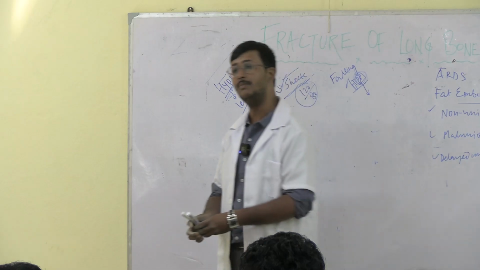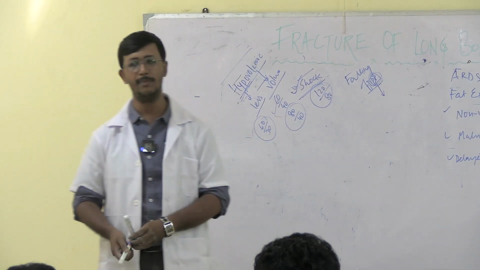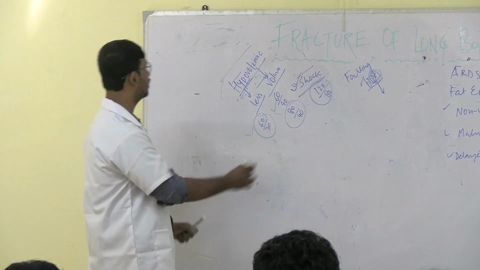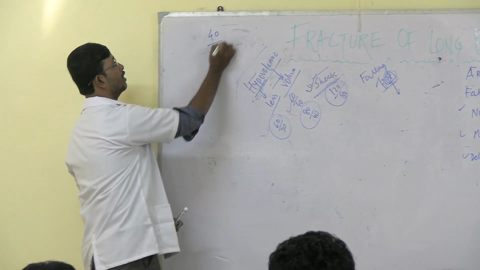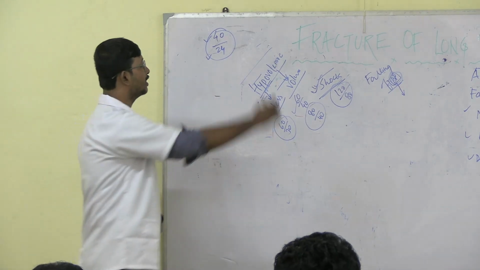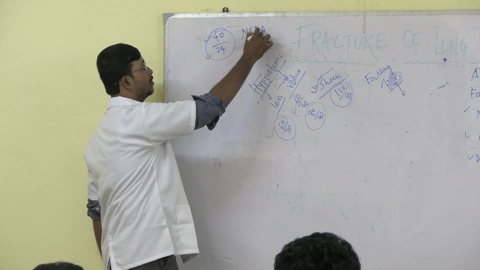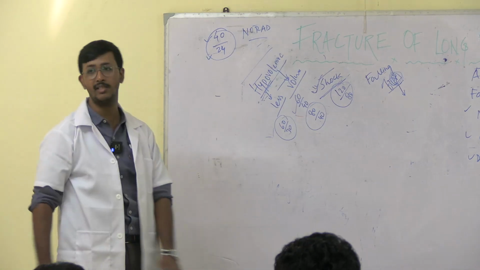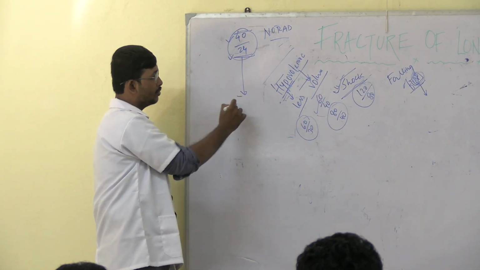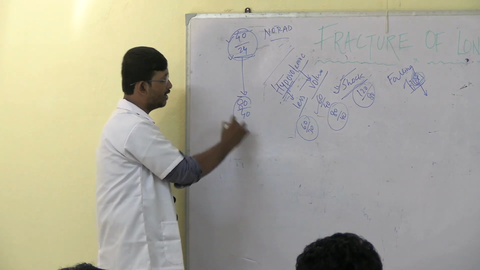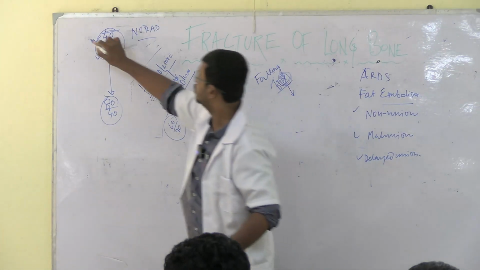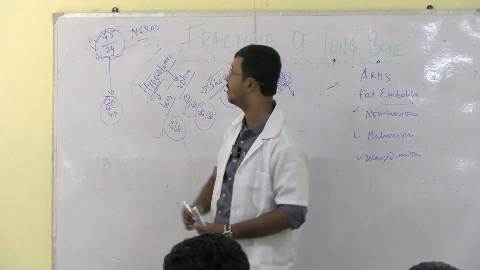And due to internal bleeding, BP has fallen and the person went into shock. Suppose the BP dropped to 40 by 24. At that stage, you can almost do nothing. You can give some NORADs, that is noradrenaline, adrenaline, dopamine, these things you can give, but bringing it from 40 by 24 to 80 by 40 is a very tough job, because with this shock other metabolism is also getting hampered.